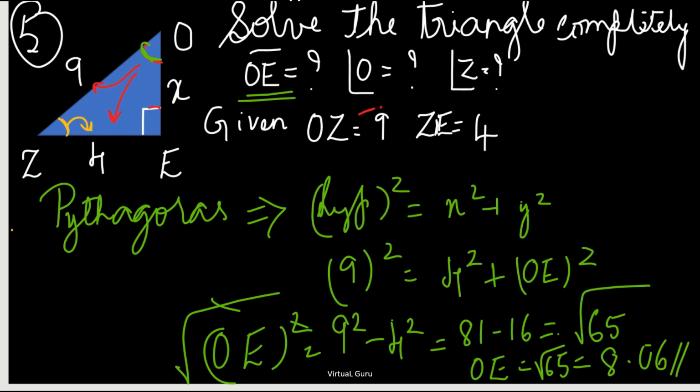If we are using this angle, that is 63.61, which we have already found, then OE will be the opposite side. So sine Z is equal to OE by hypotenuse. You can find it either that way, or you can simply use Pythagoras theorem. You can use tan also. So anything is okay. You can find the last side OE in multiple ways.